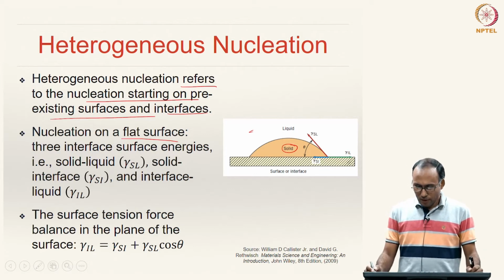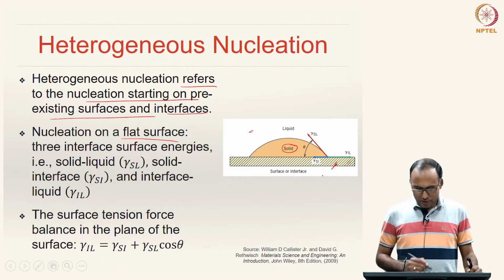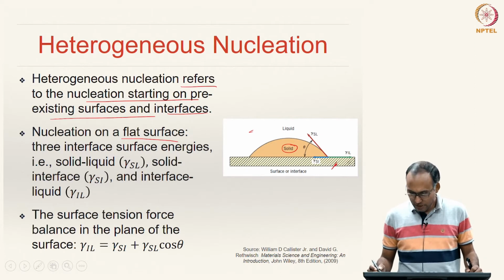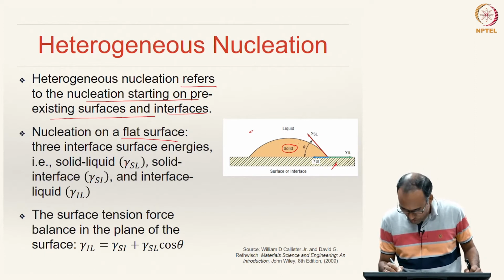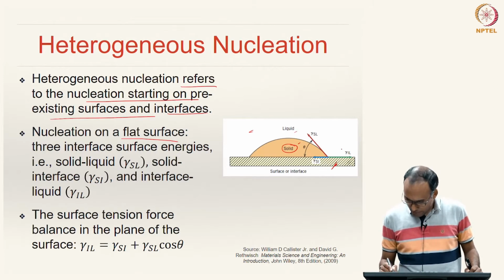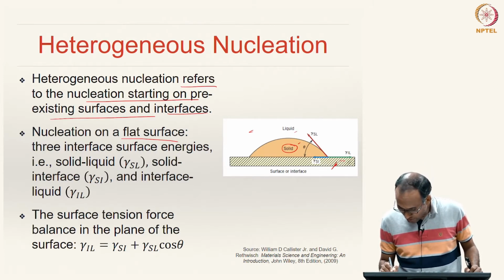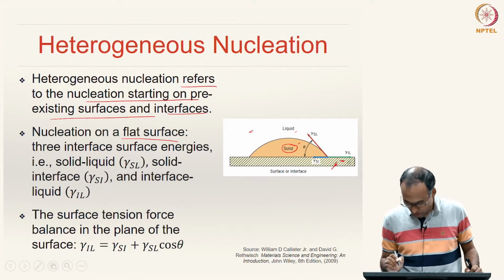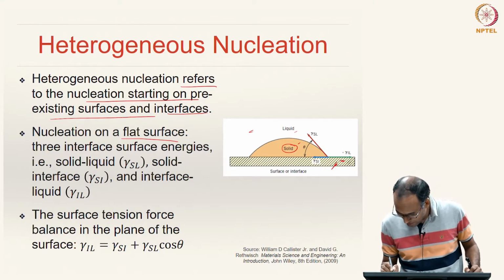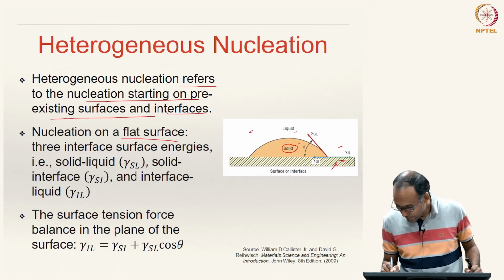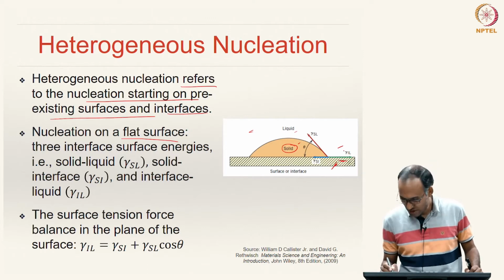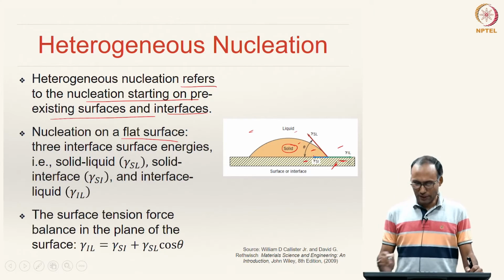nucleus on a flat surface here, then we can actually see three different interfaces: the interface between solid and liquid, the interface between the liquid and the surface on which the solidification is happening, the green line, and the interface between the solid and the surface on which solidification is happening, the blue line.